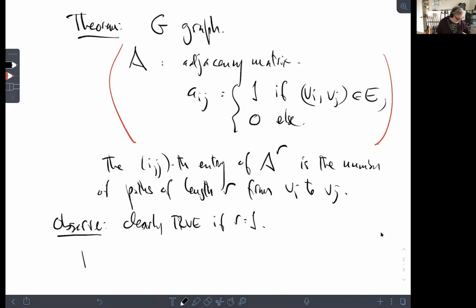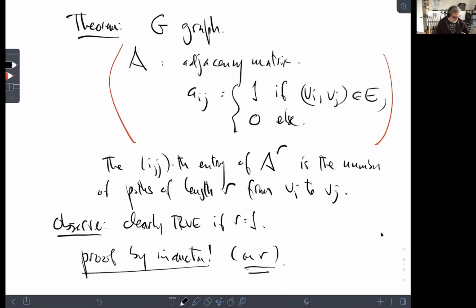So this looks like a job for induction on r. We've got it for r equals 1. We're going to assume it's true for a fixed value of r and show it for the next. Okay, so here's how it goes.